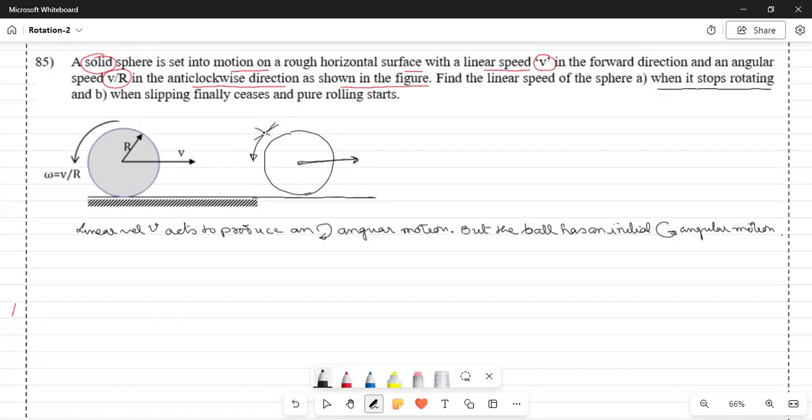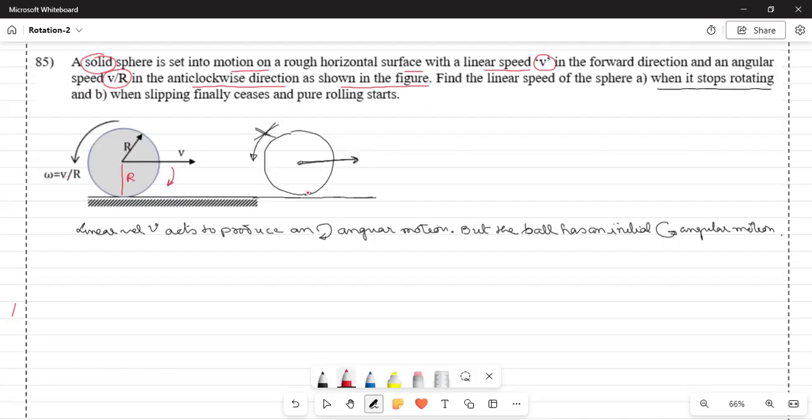This is how you must understand the problem. This angular motion here stopped because this linear velocity v creates an angular momentum in this direction, and the measurement of that momentum is mv multiplied by r. And mvr is larger than the initial angular momentum, which is already given in the body.